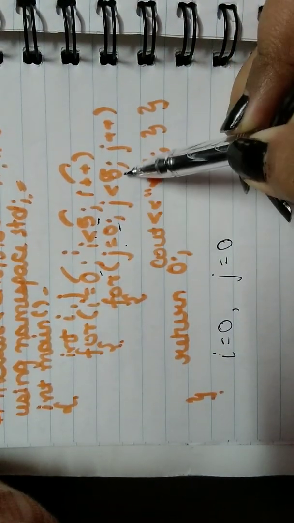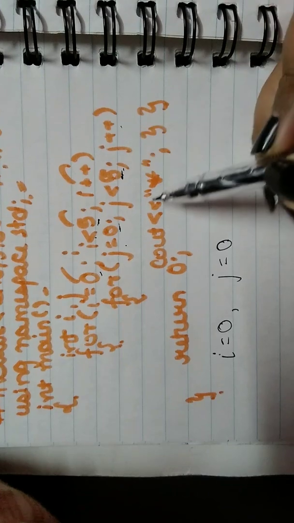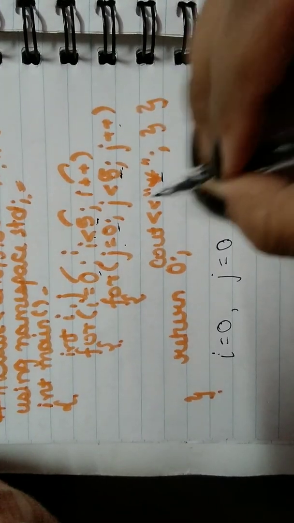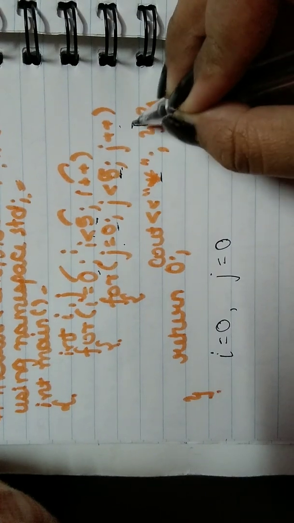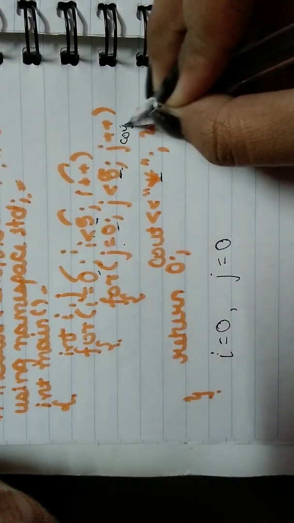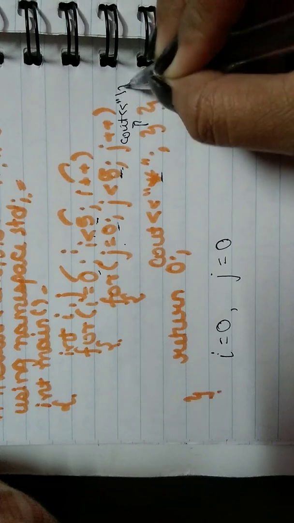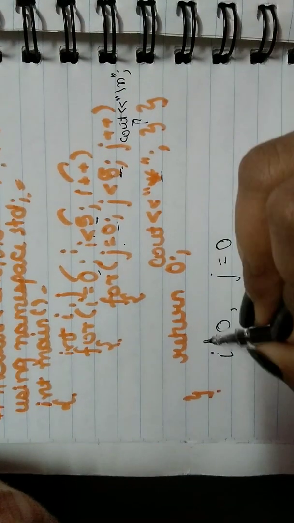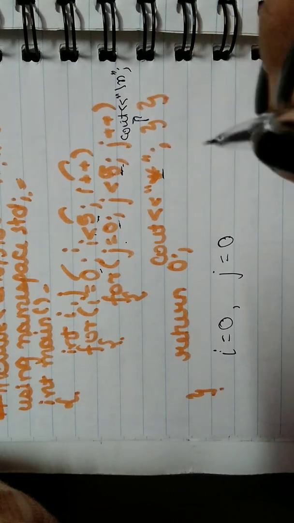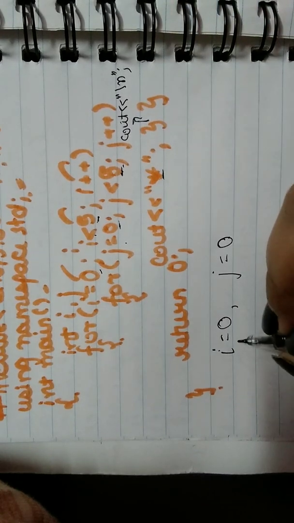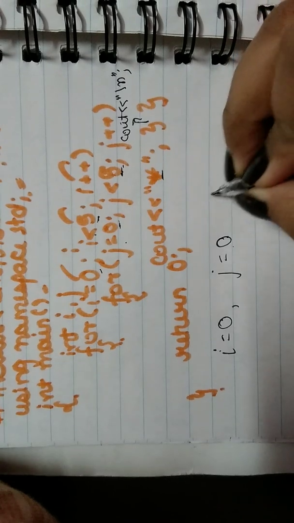Now j is equal 0 and j is less than 5, yes, condition satisfies, so it will print this. Sorry, before this, after here at this point we have to write cout endl, otherwise it will print 25 times in a straight row. So this is the editing in the code.